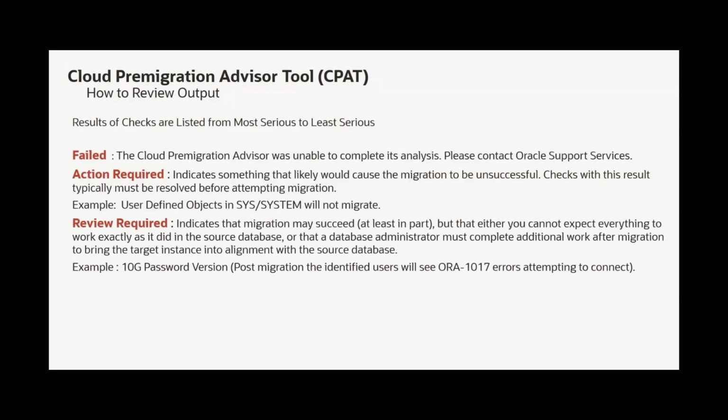Review required means migration may succeed in full or part, and there is some additional work to be done to ensure both target and source are in alignment. For example, some users have their password version as 10G. These users won't be able to log in without additional steps after the migration.